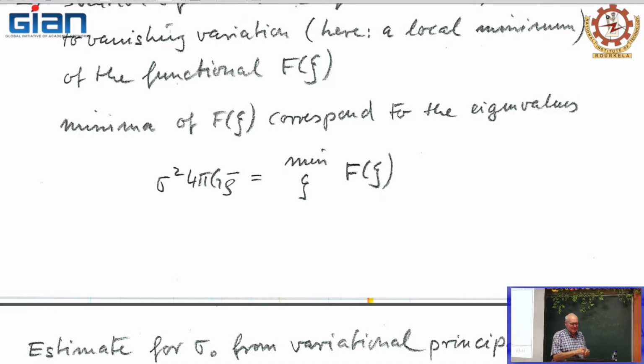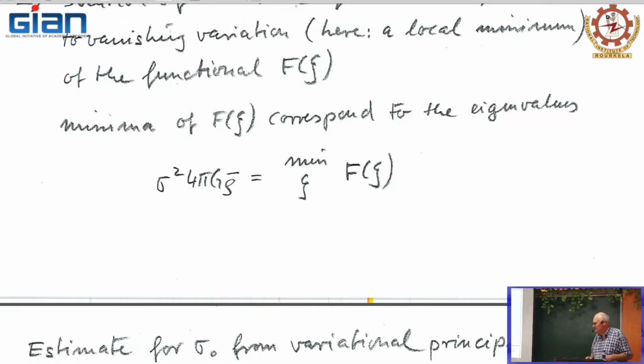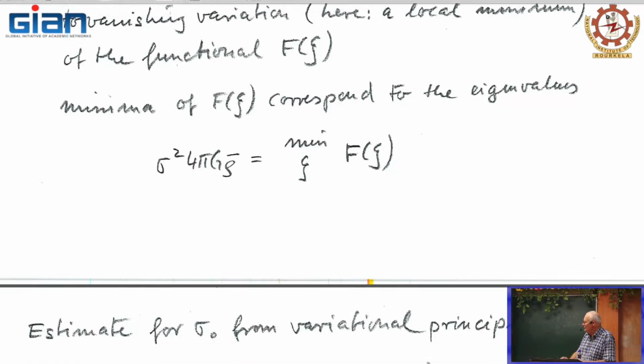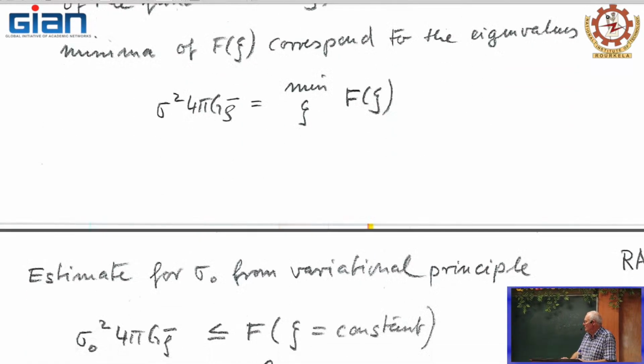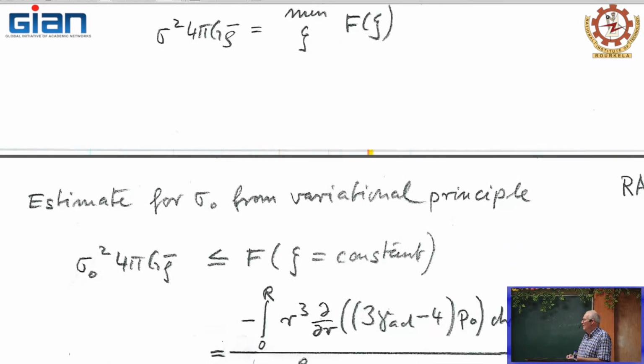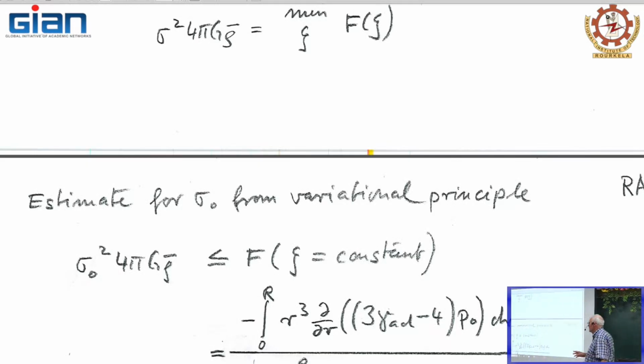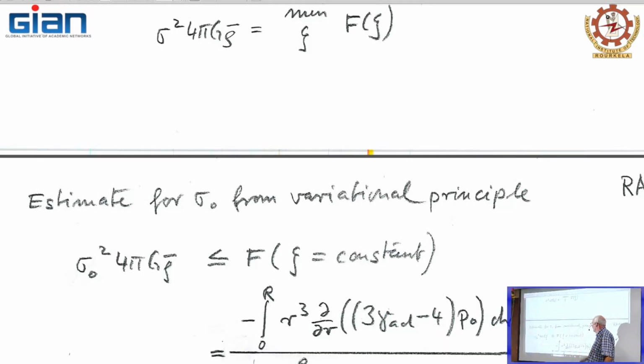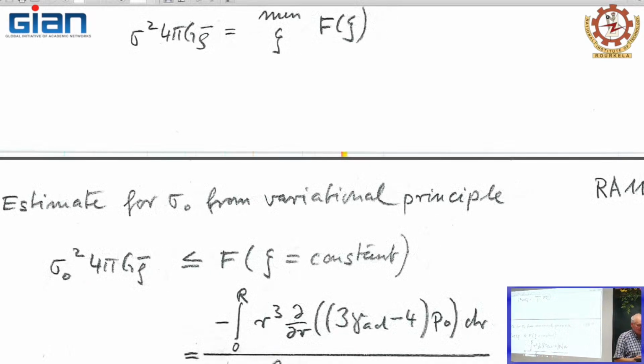Okay. So what we would like to do is use this variational principle to estimate the lowest eigenfrequency sigma naught squared.